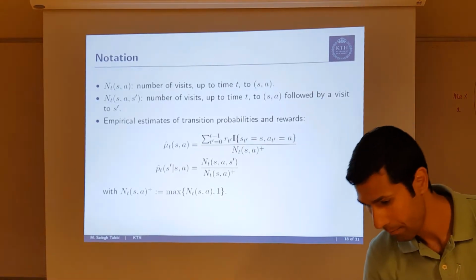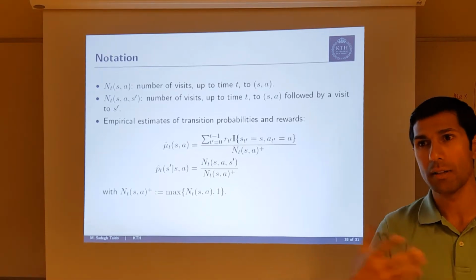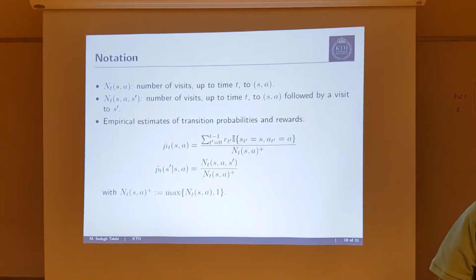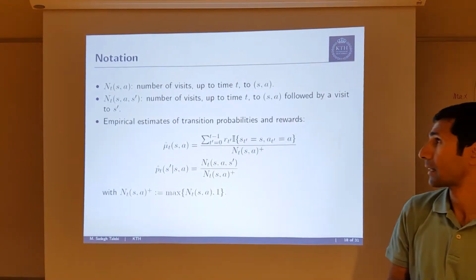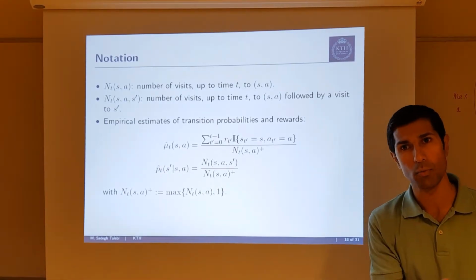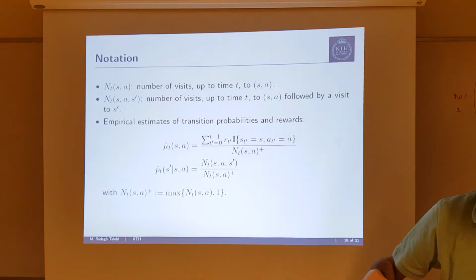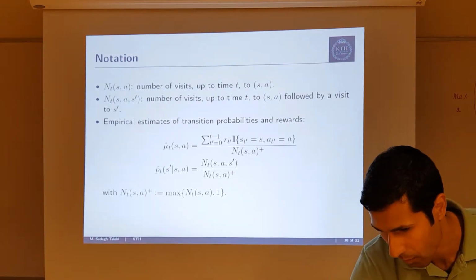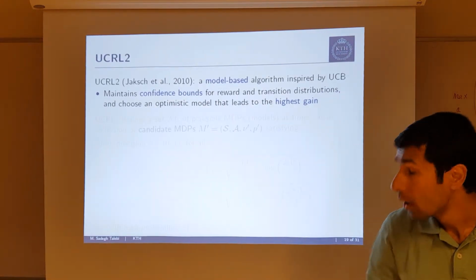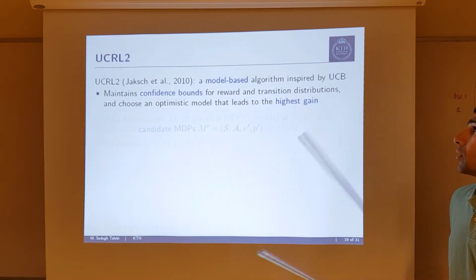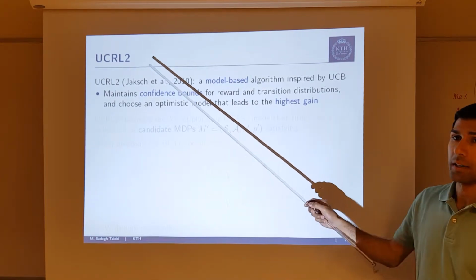Very, very simple. With this, we can now present one algorithm, but it's not only one algorithm, it gives the key to a meta-algorithm, so that if you change it a little bit, you easily recover some other algorithms. The algorithm we present here is UCRL2.